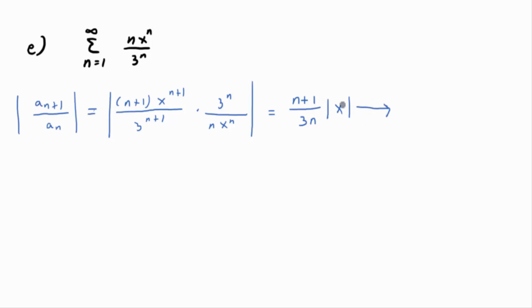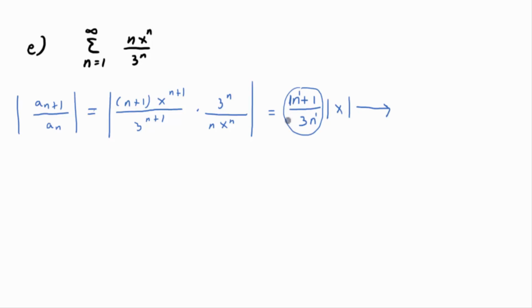Does everybody see you're once again in that situation of having a rational function? And it's really only that one you're looking at because absolute value of x is a constant with respect to n. It's the limit as n goes to infinity. So what does (n plus 1) over 3n do? It's a rational function, so you take the ratio of the lead coefficients to get that limit, because the degree of the numerator is the same as the degree of the denominator.